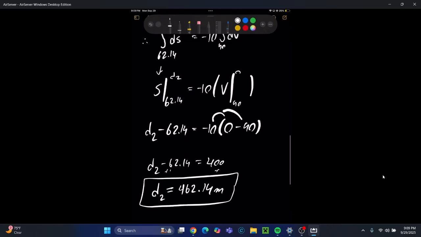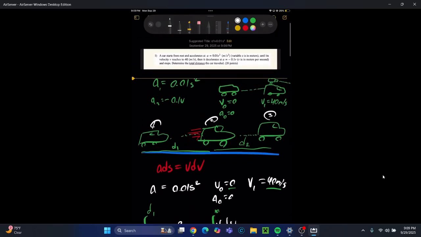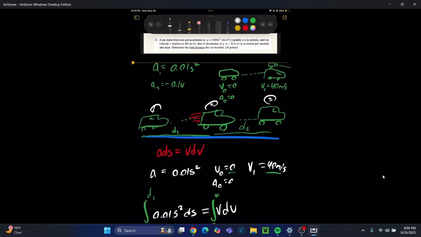Boom, we're done. So just reviewing, we had a relationship of a car. It starts from rest, it accelerates, it hits a certain velocity, and then it decelerates back to rest. I'm just giving a more conceptual understanding: it goes until it hits a certain velocity, and then it starts slowing down until it stops moving again.